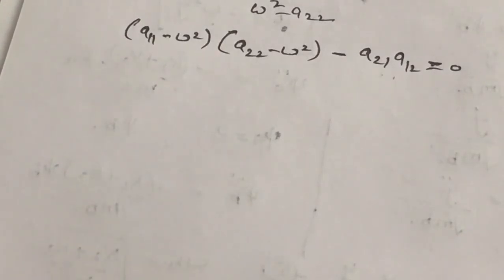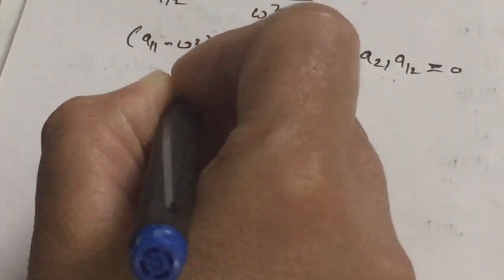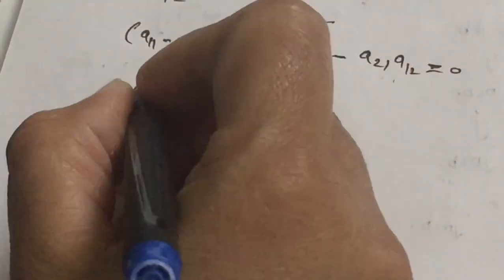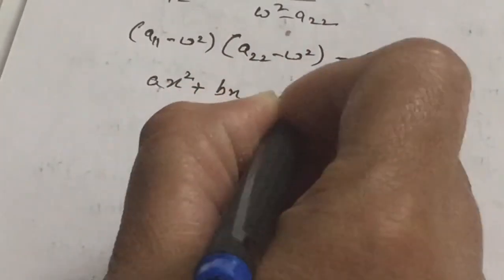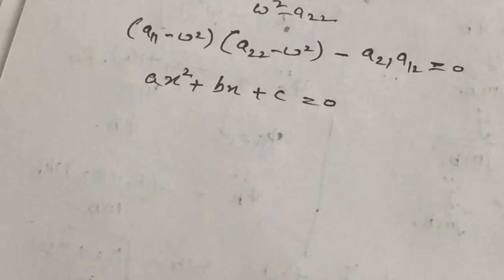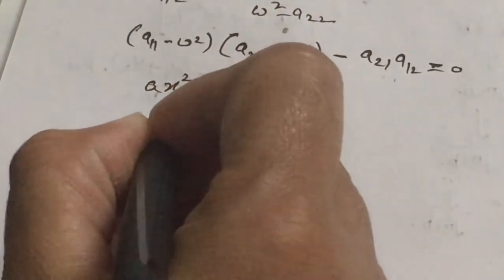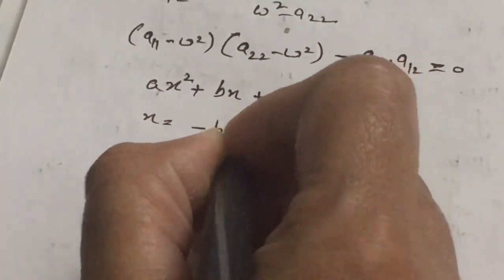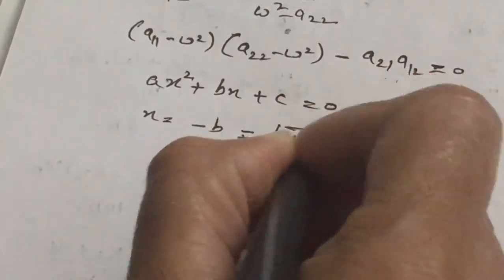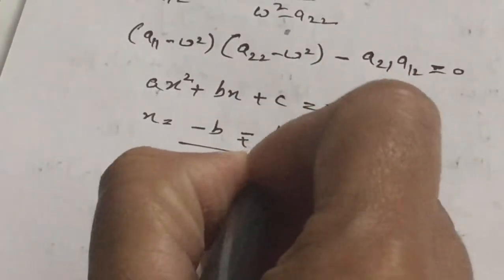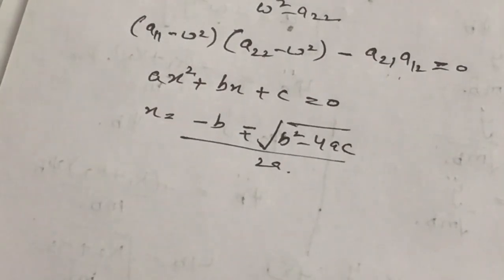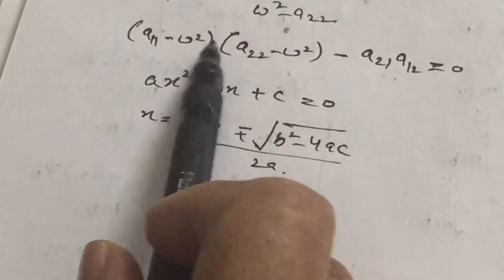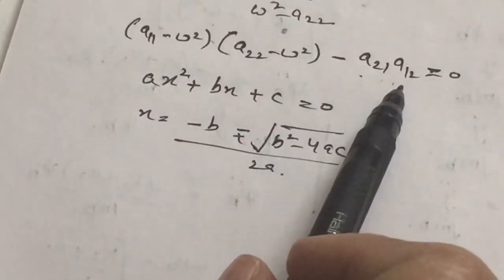If we have any equation of the form ax square plus bx plus c is equal to 0, then we know that x can be written as minus b plus or minus under root b square minus 4ac, divided by 2a. This is the general solution of this kind of equation. Similarly, we can apply this solution to our equation also.